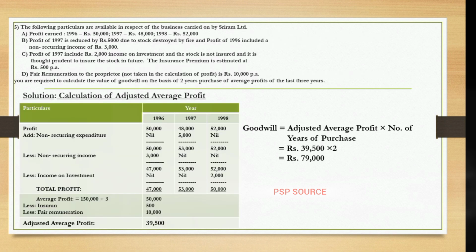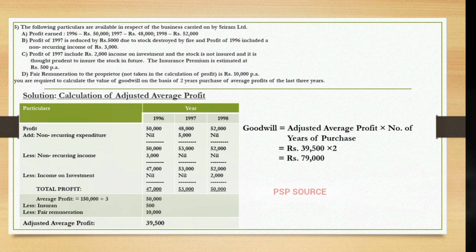This problem will cover more adjustments related to calculating adjusted average profit. The problem is: the following particulars are available in respect of the business carried on by Sriram Limited. Profit earned for 1996 rupees 50,000, for 1997 rupees 48,000, for 1998 rupees 52,000.